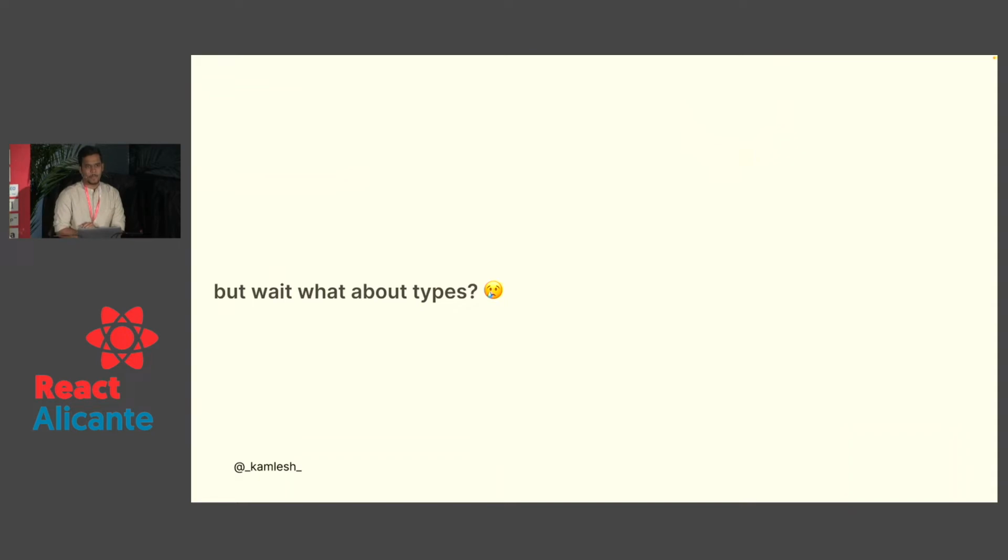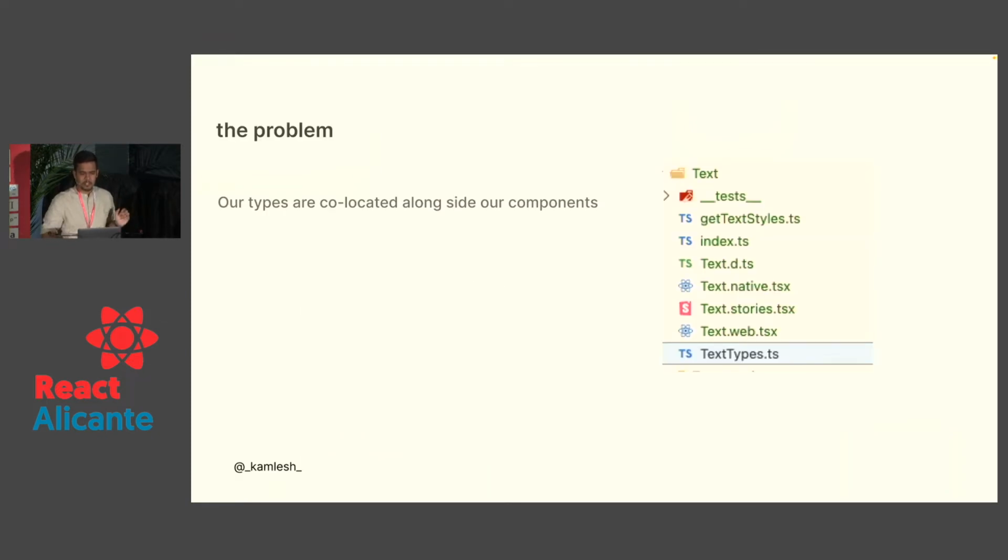But we forgot about types. What we have done so far is bundle our code into a JavaScript bundle. What about types? The problem is our types are co-located side by side with our components, but we bundled our source code.